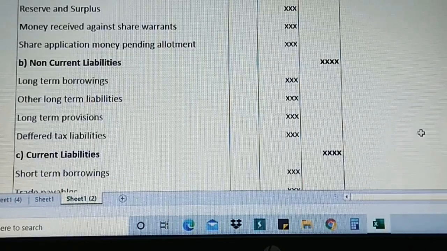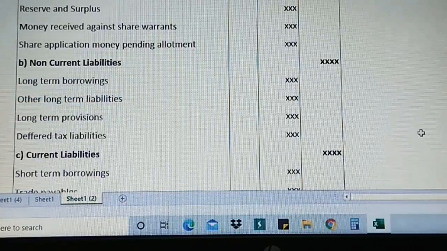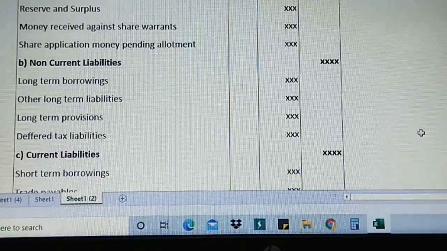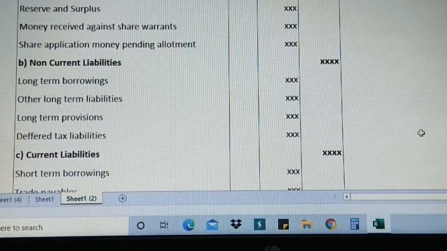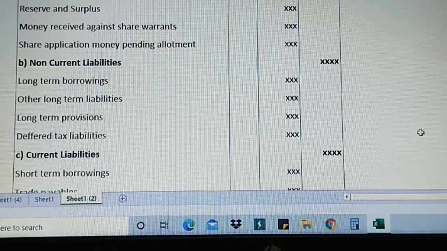So under that, let us observe long-term borrowings, any borrowings which could be for a longer period, then other long-term liabilities. Next, long-term provisions, which means if you are keeping any provisions for more than 1 year.